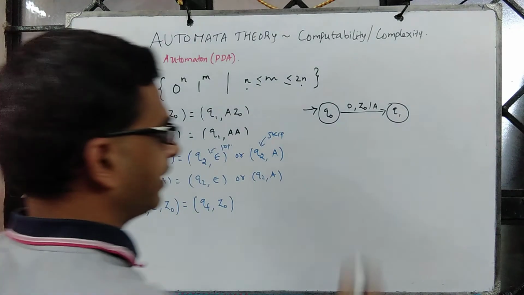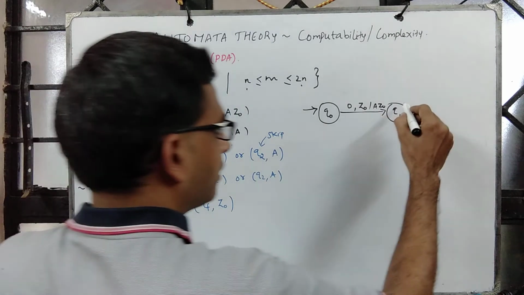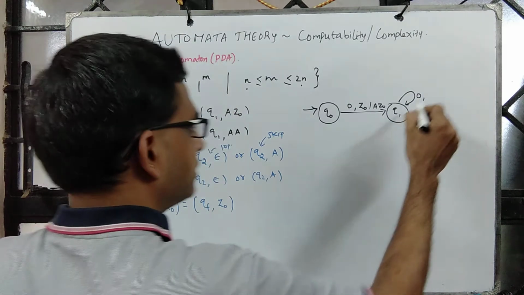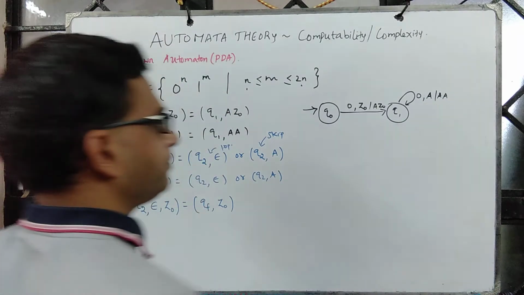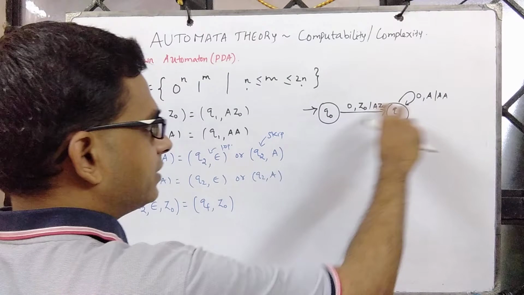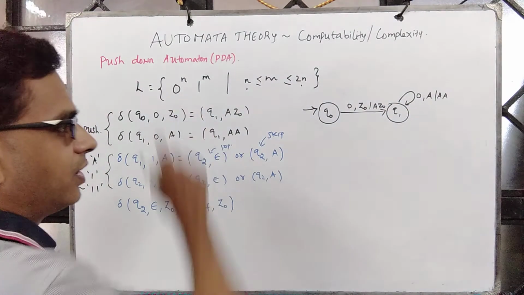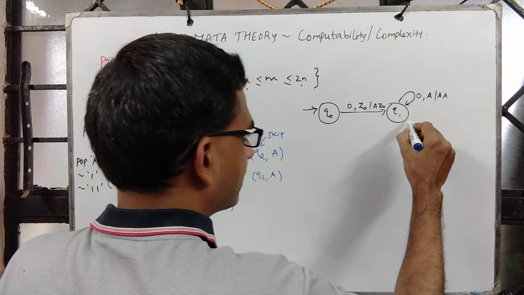It becomes A Z0. And being in Q1, you continue to read some more zeros and push one more A. Now with this, we would have pushed N A's. Now we start performing pop or skip.